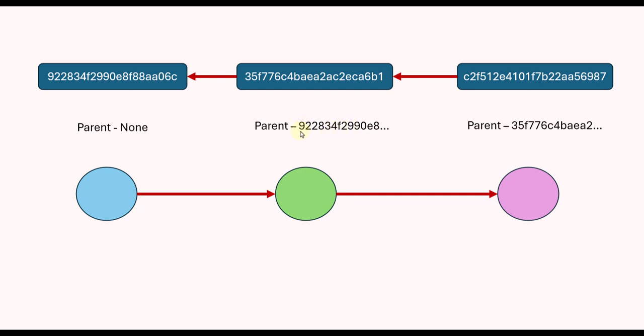In this case, for example, you can see our second commit points to the previous commit as its parent, and our third commit points to the previous second commit as its parent. Obviously, our first commit will not have any parent. This is important because every commit that you make to your code is basically the changes that you're making relative to your previous commit, which is why it's important to have the parent commit as a reference. It's not recreating the entire code base, it's just saving a snapshot of it relative to the previous commit.